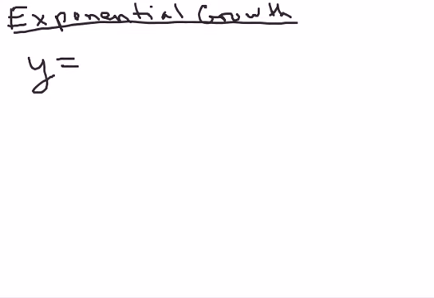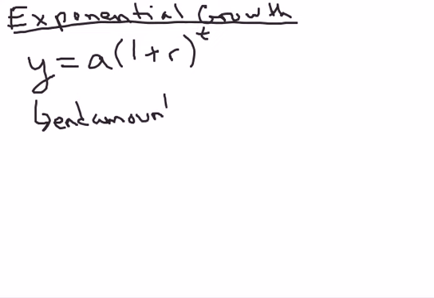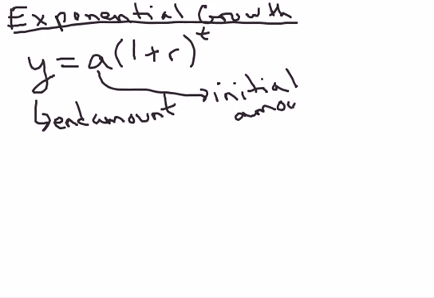So we're going to say y equals a, parentheses 1 plus r, raised to the t. So here you have the end amount, we'll call this the end amount, okay, of whatever you're looking at, money, population, what have you. A is the initial amount. R is the fixed percentage rate.